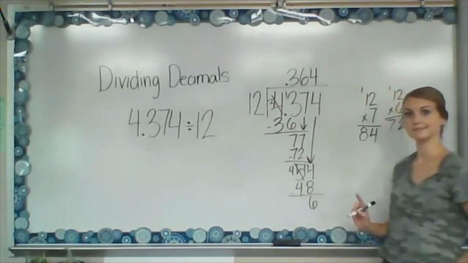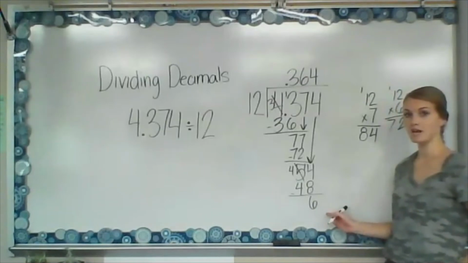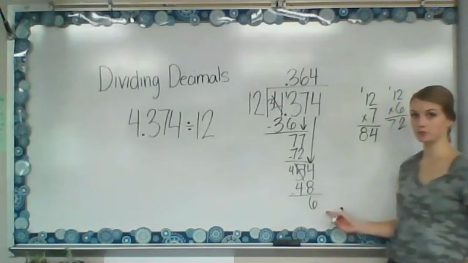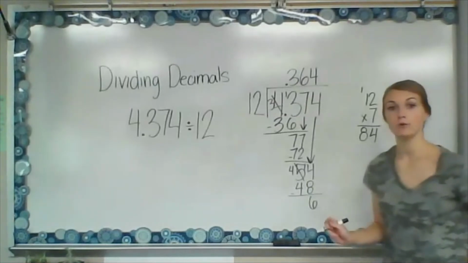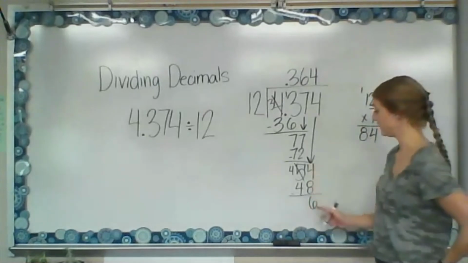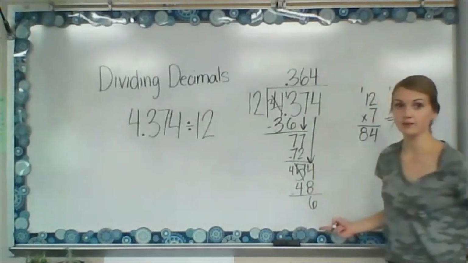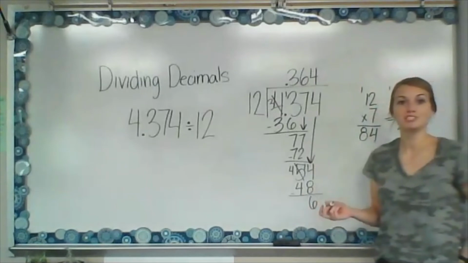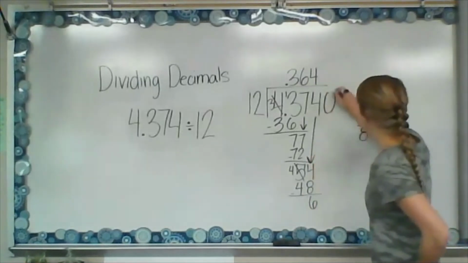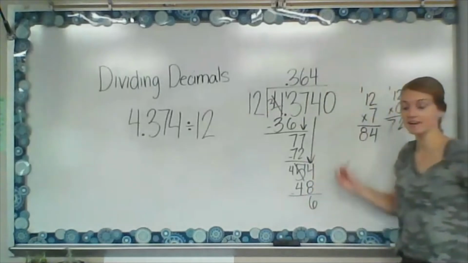But we don't stop until we get a 0. But I don't have any more numbers to bring down. So if you find yourself in this situation where it's not 0, you don't have any more numbers to bring down, you can just add a 0. That's it. Just put a 0 right there and then bring it down.